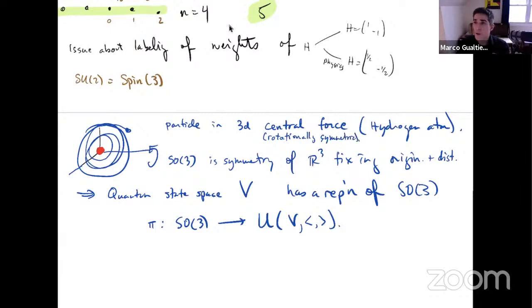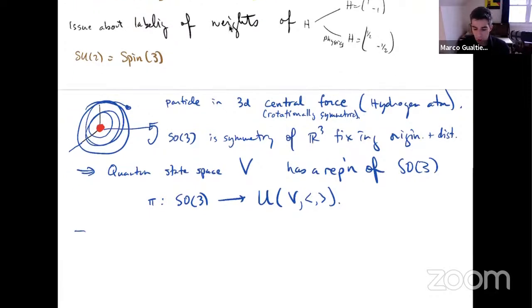Okay, so what does that mean? That means that what we're going to see later is that V can be written as a sum of irreducible representations of SO3, so of V_i. We can decompose this into irreducible representations.